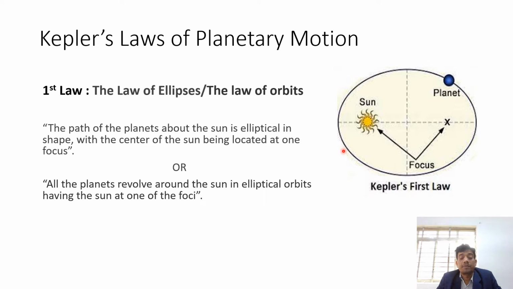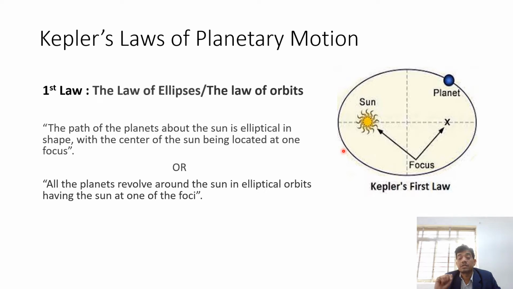The path of the planets around the sun is elliptical in shape, with the center of the sun being located at one focus. Or you can state it in a different way: all the planets revolve around the sun in elliptical orbits, having the sun at one of the foci.